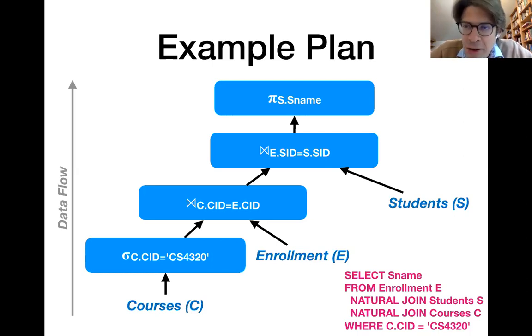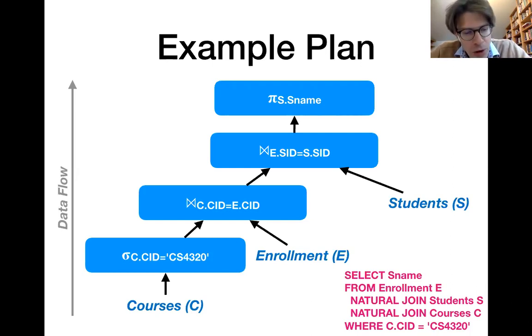So we are restricting ourselves to the course with that course ID. And as we have seen before, this little sigma over there represents a filter operation. So after this operator, we will discard all the rows which don't have the course ID 4320, right?